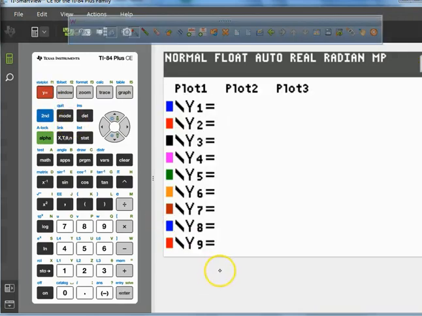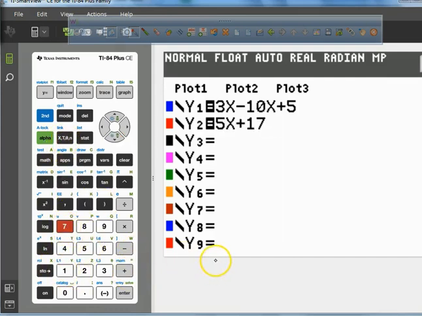So we got y equals 3x minus 10x plus 5, go down, 5x plus 17. There we go. Now we're going to check our answer for negative 1. So how do we do that?